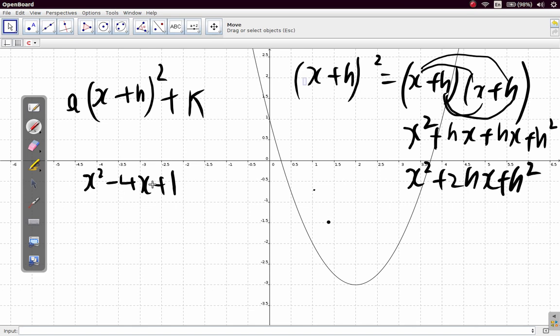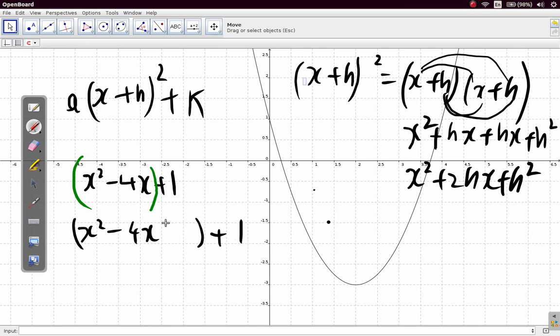Now let us put a bracket around this so that we can write part of it in this form. We have x squared minus 4x, then let's put the bracket all the way out here, plus 1.